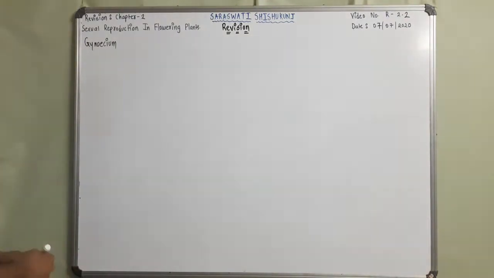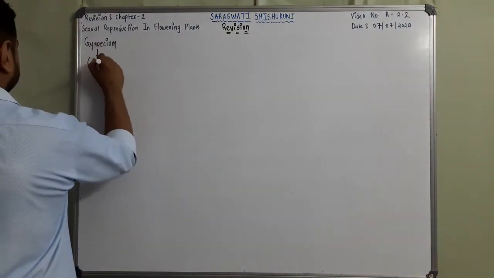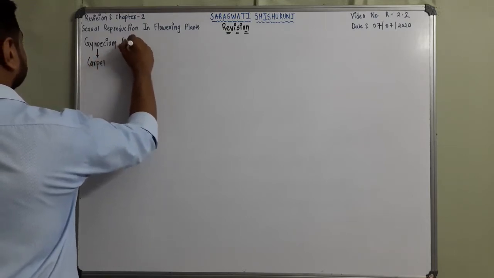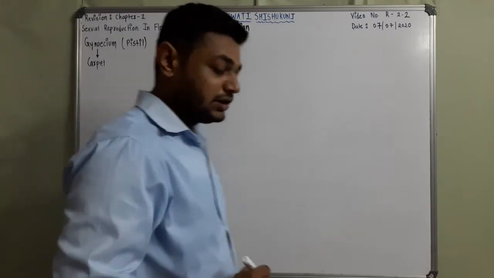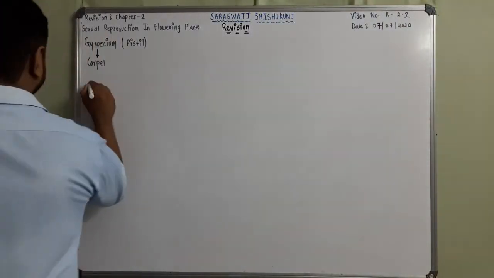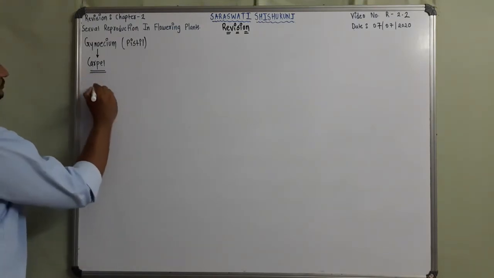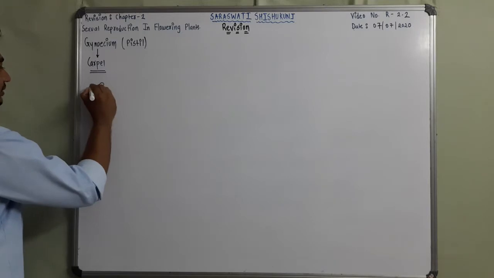Gynoecium is made up of pistil or carpels, right? So carpel is composed of mainly three parts, that is stigma, style and ovary.